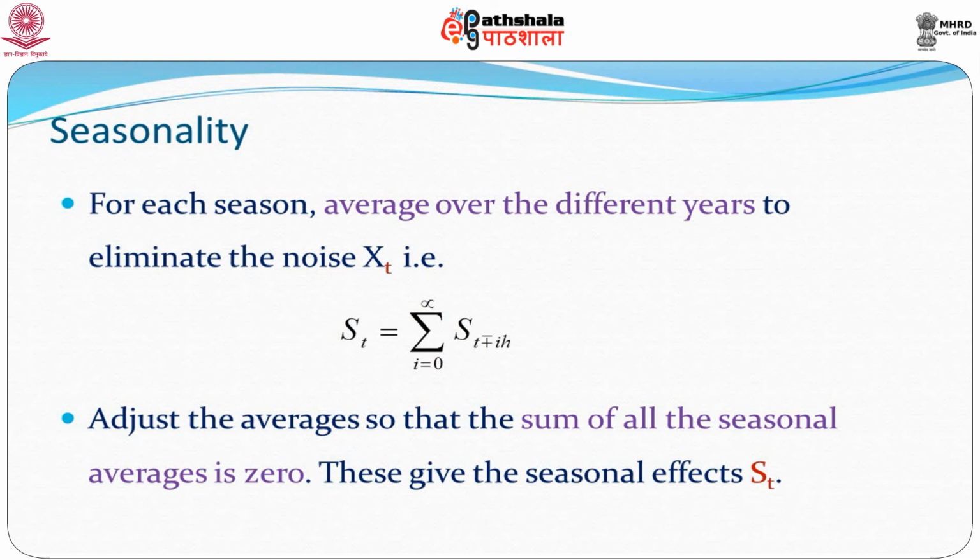And then what we do usually is to adjust the averages, so that the sum of all the seasonal averages is 0. Generally there would be some errors due to calculations or some approximations, and hence the sum might not come out to be 0, but the average should be adjusted to 0, so that you know that if you have a positive value, then it's above the average generally, and if it's a negative value, then it's below the average value.